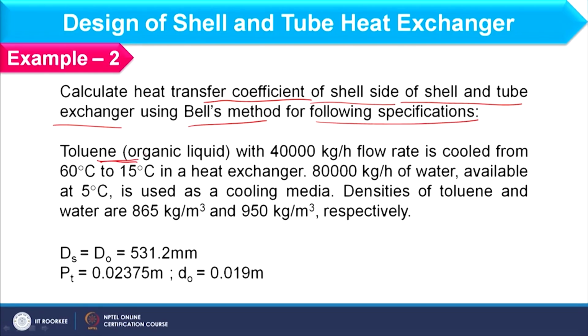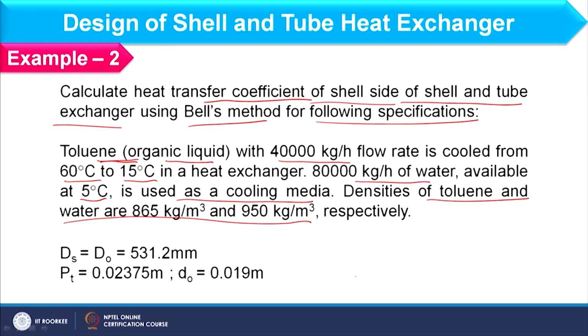Here we have to consider toluene, which is an organic liquid with a 40,000 kg per hour flow rate, and it is cooled from 60 degrees to 15 degrees Celsius in a heat exchanger. 80,000 kg per hour of water is used, which is available at 5 degrees Celsius, and this we can consider as the cooling media. Densities of toluene and water are given like this.